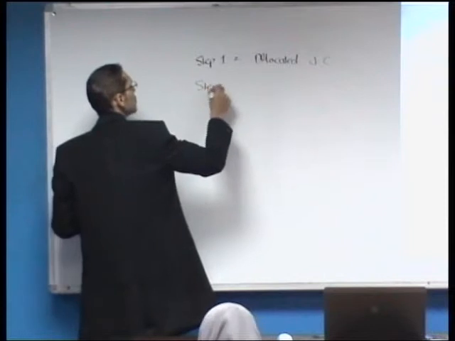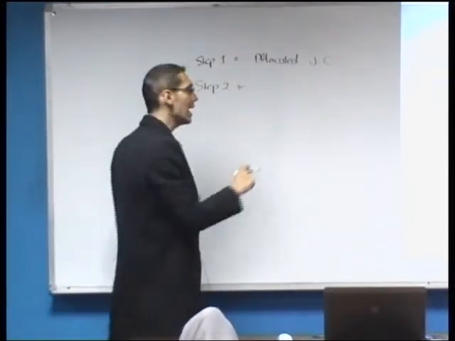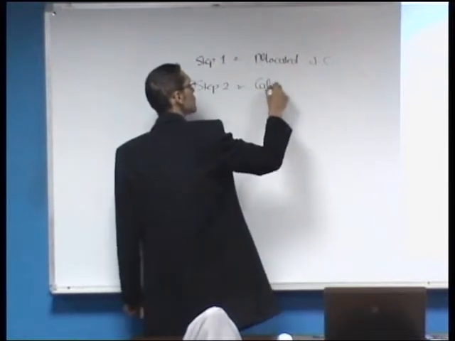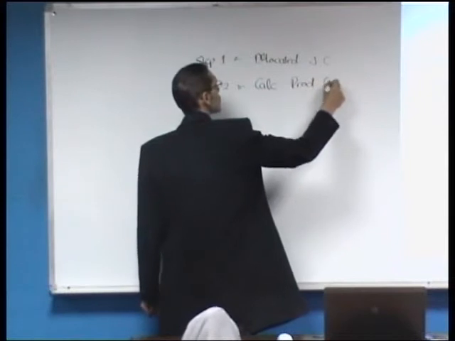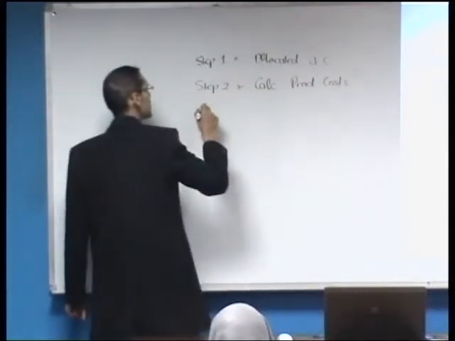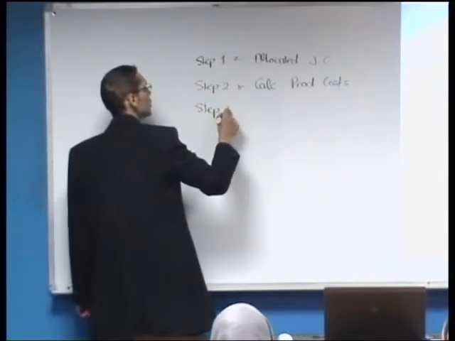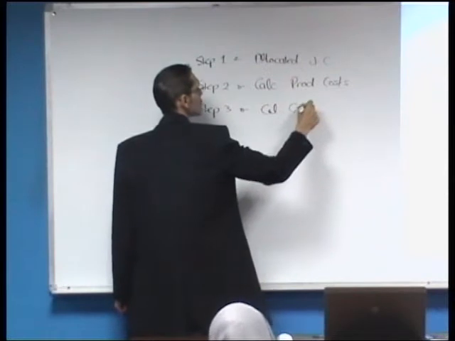Step number 2, we calculated the production costs, and of course the cost of goods sold. In step number 3, we calculated the gross margin.